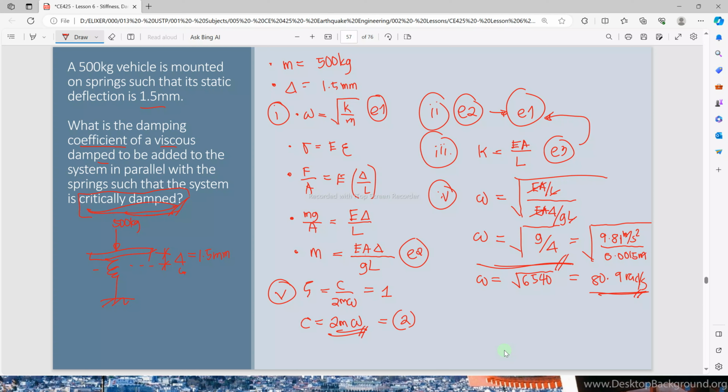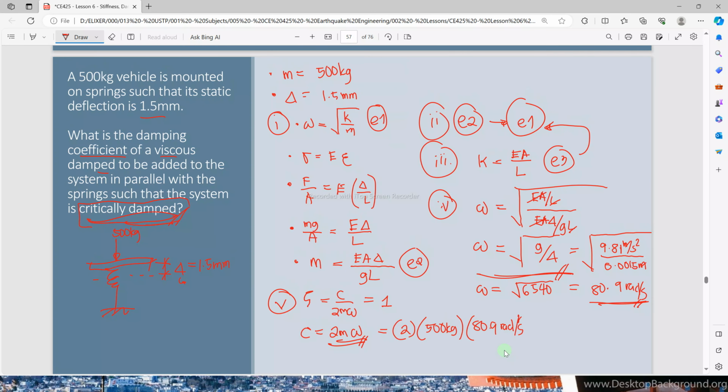So we just substitute here, then we will have our damping coefficient. So 2 times the mass, which is 500 kilograms, times 80.9 radians per second. So we will have a damping coefficient equal to 80,900 kilograms per second.